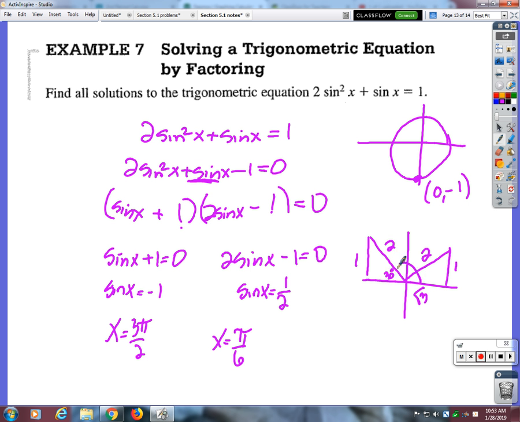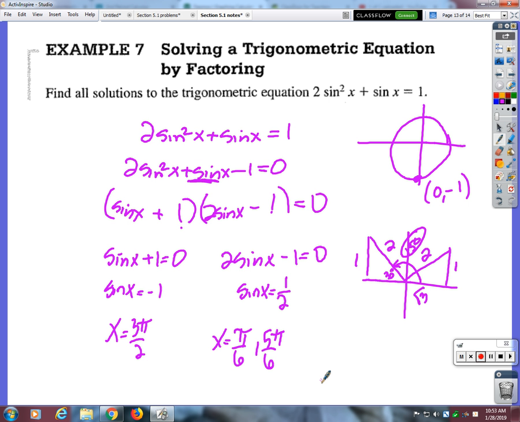So if that's a 30-degree angle, how many degrees is that? If that's a 30-degree angle, then this is 150 because 150 plus 30 makes 180. So then if I go 150 over 180 to change that into radians, then that gives me 5 pi over 6. Okay?